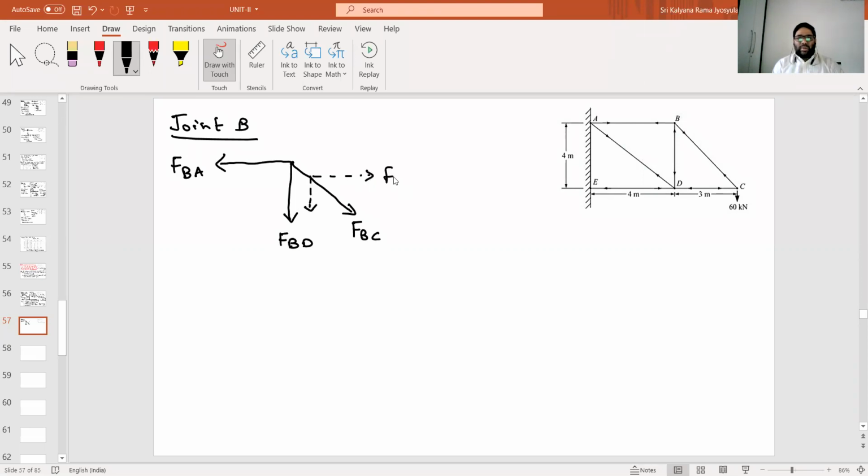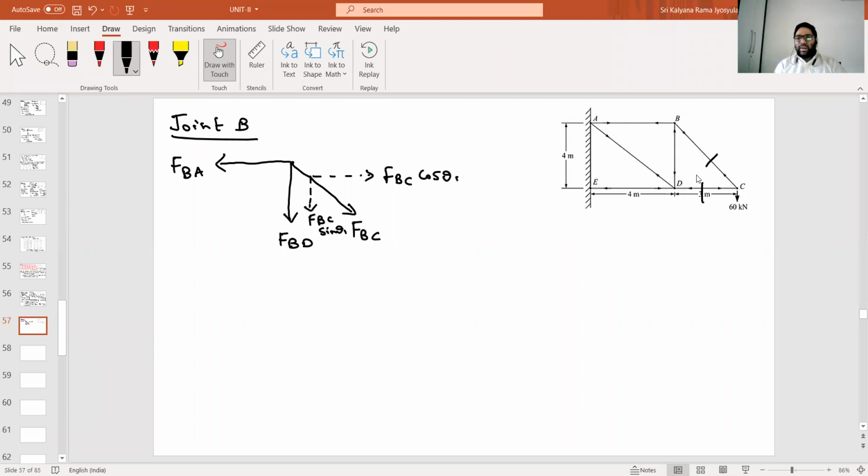So resolving the forces, FBC cos theta 1, FBC sin theta 1.